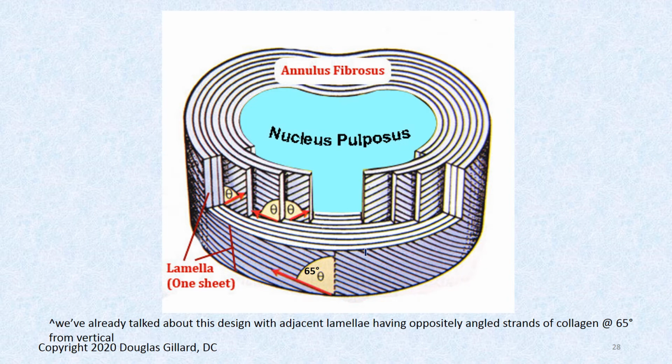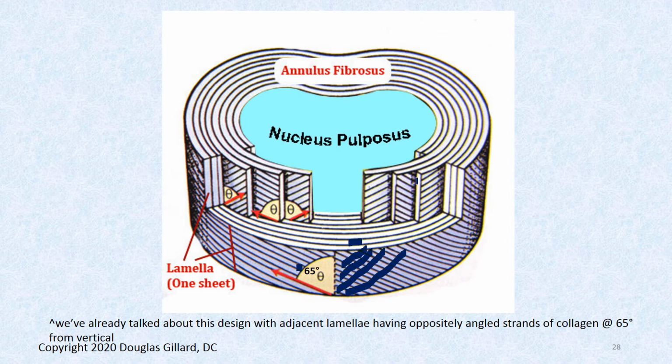So if I scraped this away and we looked at this layer right underneath it, those fibers will be running 65 degrees that way. Or you could call these positive 65 degrees, you could call these negative 65 degrees. So a very brilliant design, which makes the disc normally very strong.